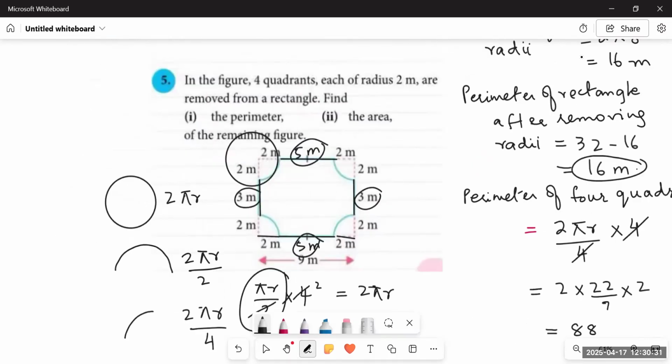Each of these quadrants is 3.14, 3.14, 3.14, 3.14. You see? This is how we find the perimeter. Basically, to find the perimeter, we add 5 and 5, 3 and 3, and 3.14, 3.14, 3.14, 3.14. This is all we have done in this question to find the complete perimeter.